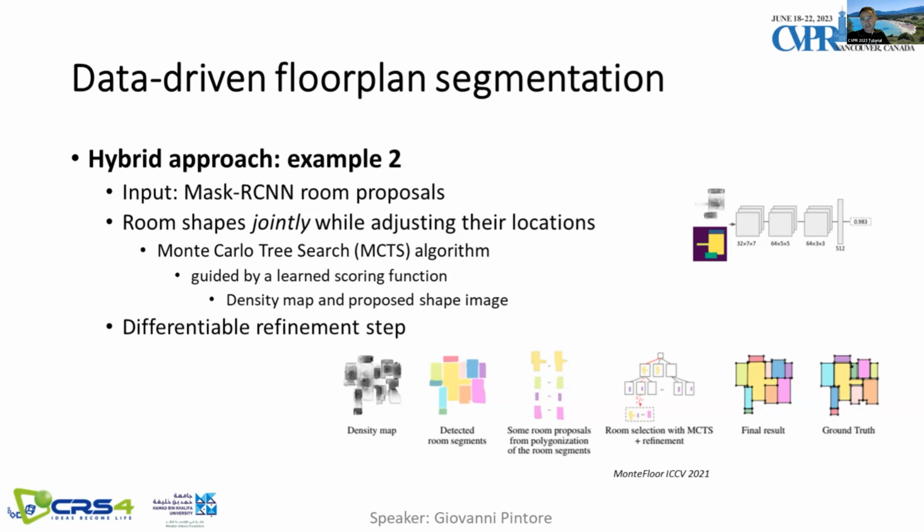This network takes as input the density map and an image of the selected proposal to predict the intersection over union between the selected proposal and the ground truth. The regularization term encourages the selected room proposals to be in contact with each other without overlapping.